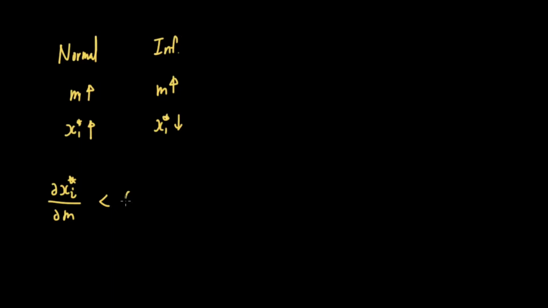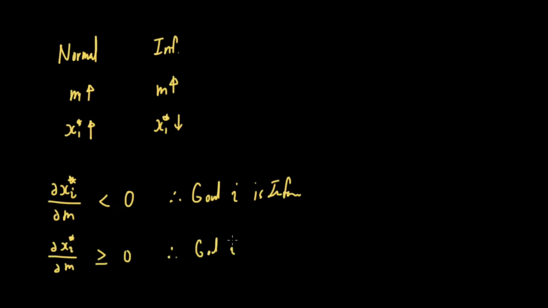So if this is less than 0, then good i is an inferior good. On the other hand, when the partial derivative of x sub i star with respect to m is greater than or equal to 0, then good i is a normal good.